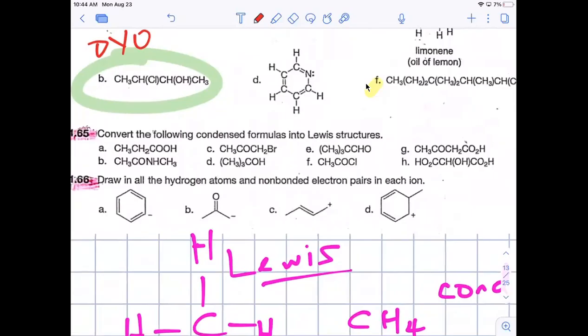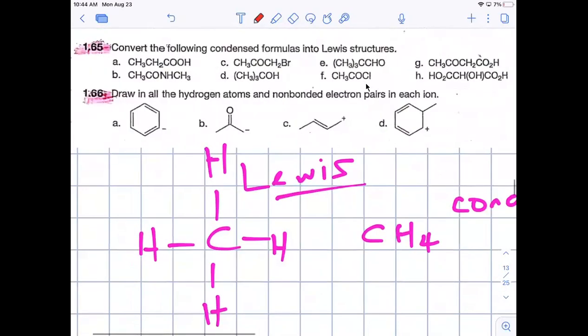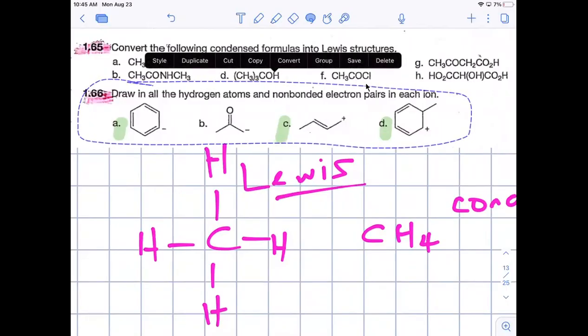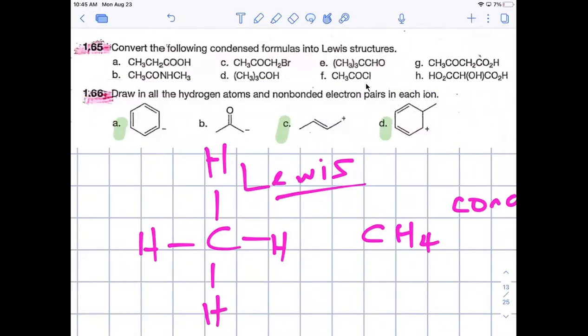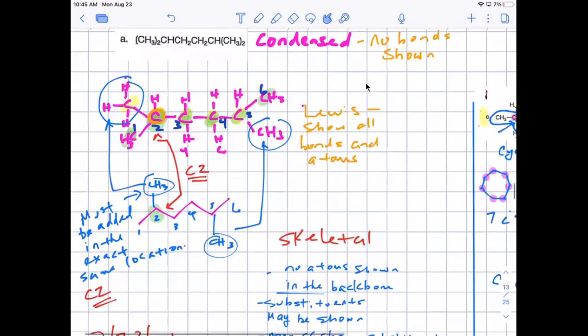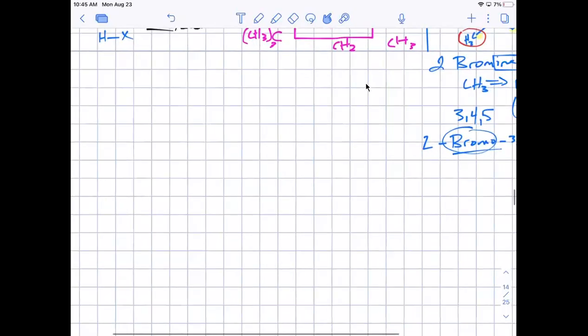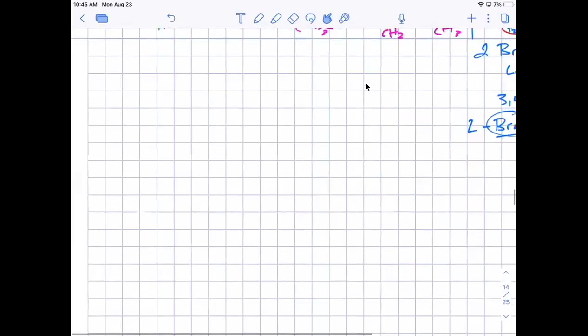Let's do 166 and, because we only have 5 minutes left, A and C and D. So let me cut that out and put it on the new page. And I'll clean all this up before I post the notes to Blackboard.